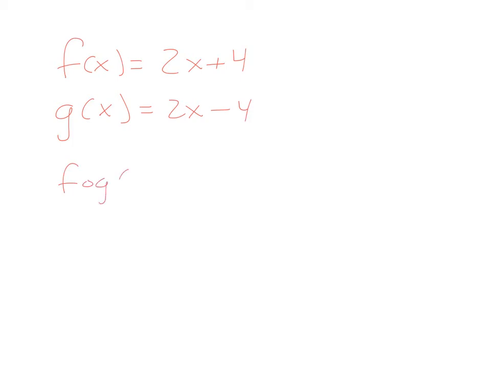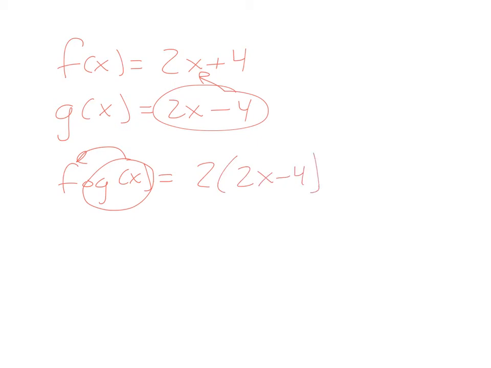Okay, so let's do that again. Let's pretend like a student has been given the function 2x plus 4, and for some reason they think that the inverse of 2x plus 4 is 2x minus 4. So we try f composed with g of x, and we take g and put it into the f function, which would look like this: 2 times the quantity 2x minus 4, plus 4. We want to just simplify, simplify, simplify until we're done.